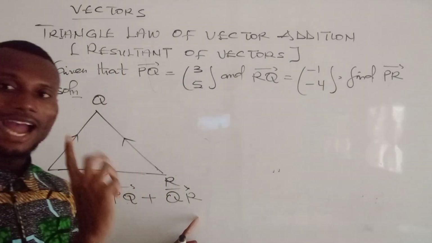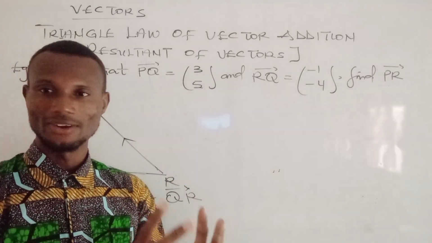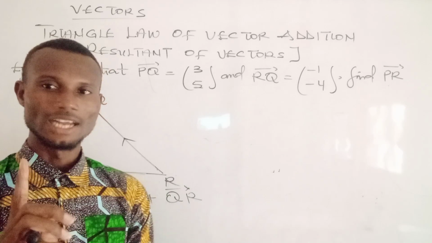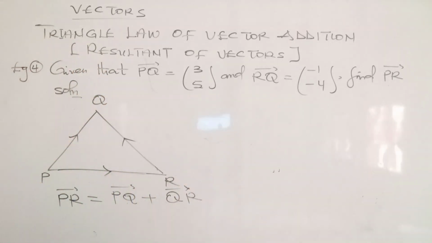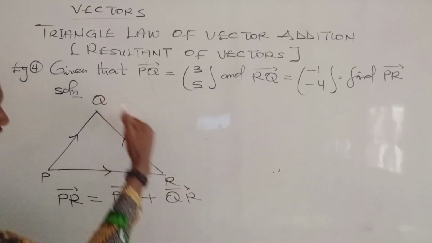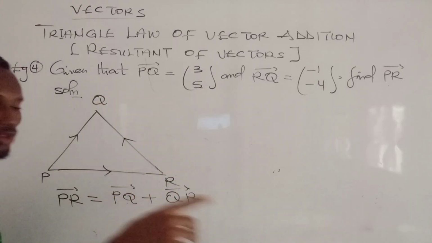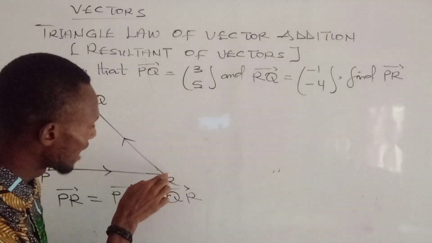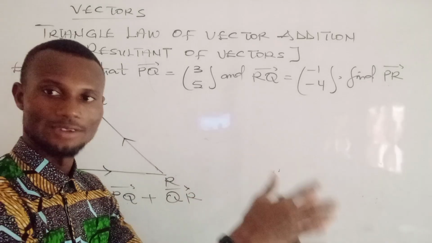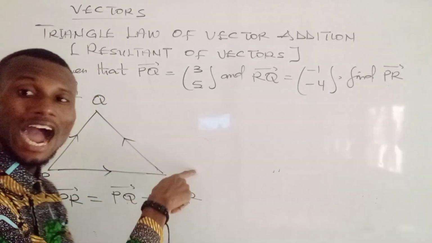So I explained to you that irrespective of how the triangle is looking, you still need to stick to the law. Knowing that we need QR, we need to do something to this side of the triangle so that we get our QR. You can see that from the triangle we have RQ instead. So I taught you the inverse of a vector, and we are going to use that to get our QR.